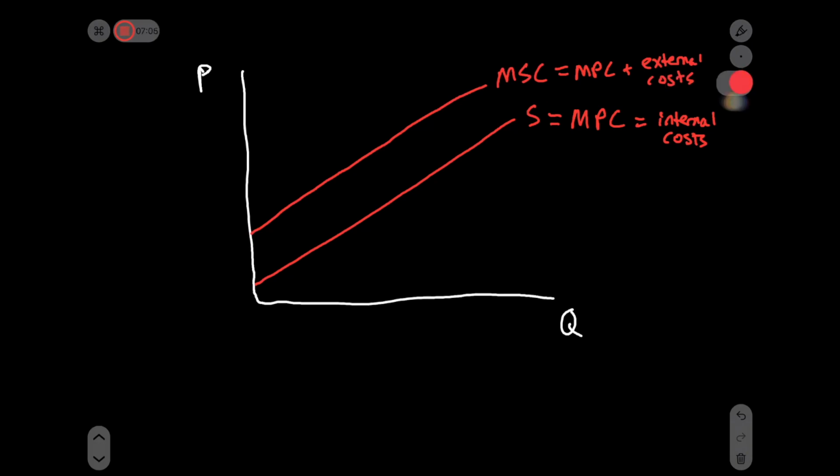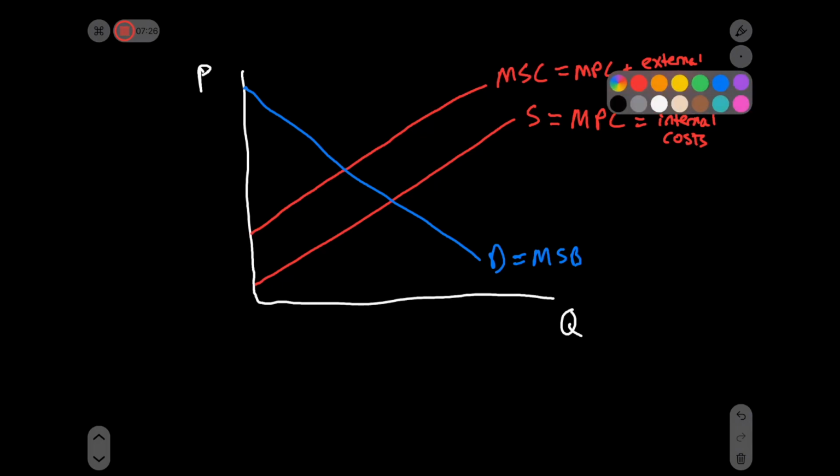Okay. And we have a market demand function. We're going to assume that all of the benefits of consuming this good for the buyers of this product are contained in this market. Marginal social benefit. Okay. Now, currently in this market, we are operating at this point.